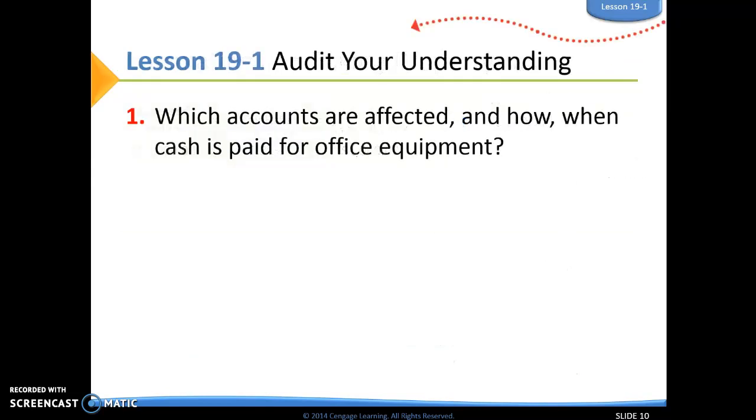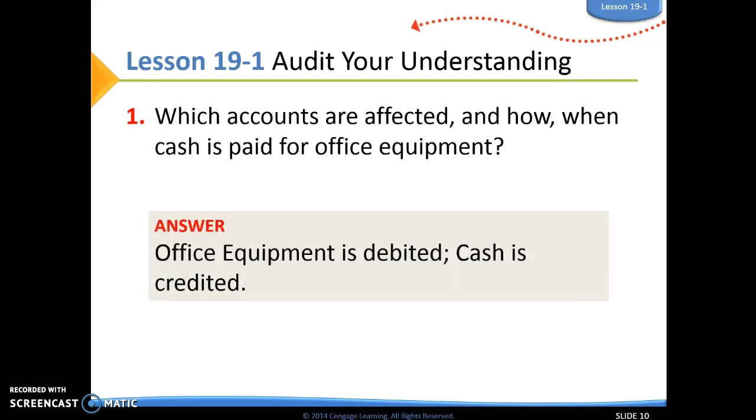All right, number one, which accounts are affected and how when cash is paid for office equipment? Office equipment is debited and cash is credited.